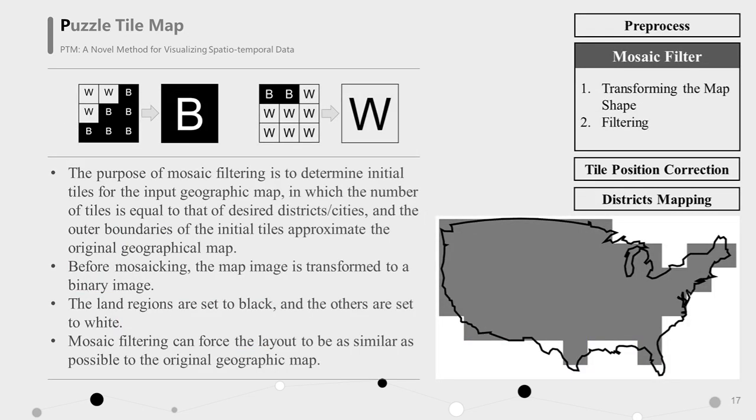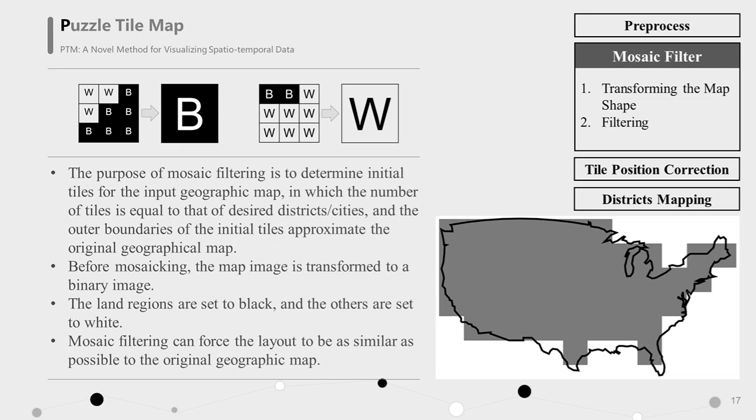Before mosaicing, the map image is transferred to a binary image. The land regions are set to black while the others are set to white. Then the mosaic filter is applied to the binary image to generate initial tiles of the same size as the filter.